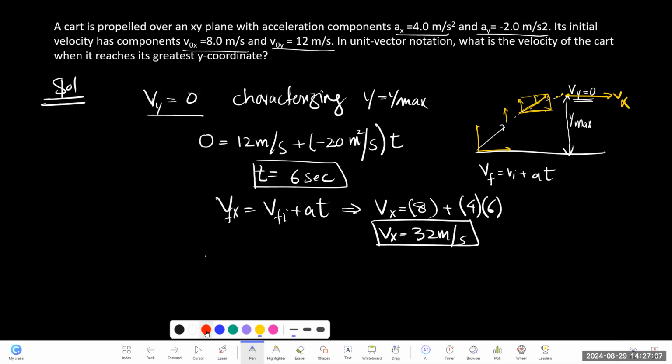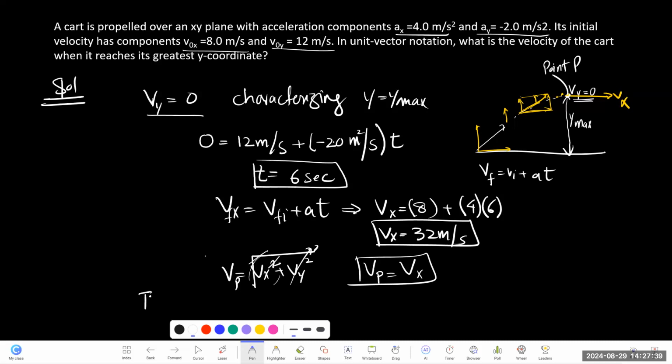So the velocity equals the square root of Vx squared plus Vy squared at this point. Maybe I can call this point B. The velocity at point B is the square root of these two, but Vy is already 0, so the square root and square cancel out. So really, the velocity at B equals Vx only.